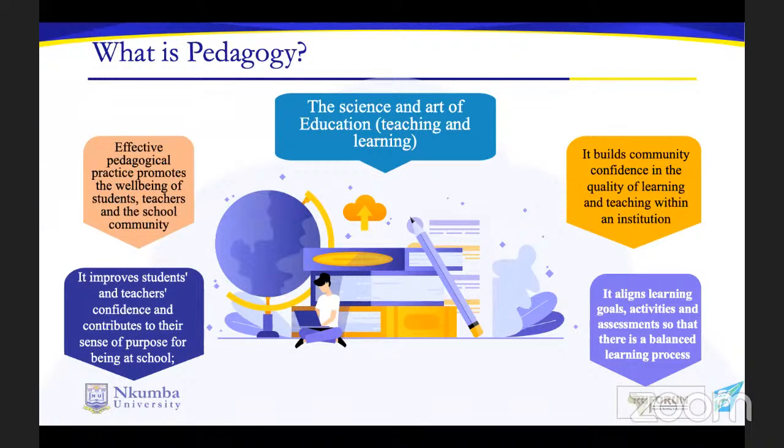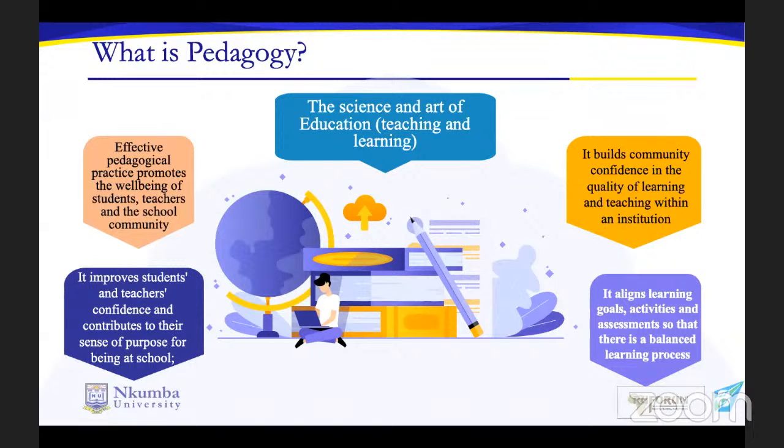It's that which builds community confidence in the quality of learning and teaching within an institution. When you have effective teaching and learning happening, definitely there will be confidence in what is being offered to the students, and therefore quality learning will take place.